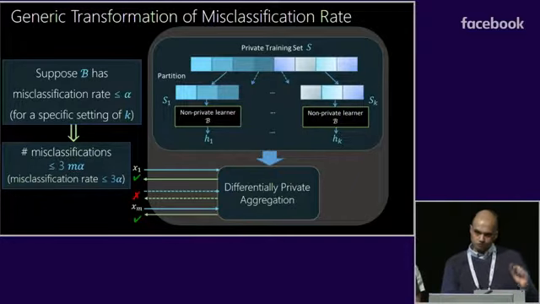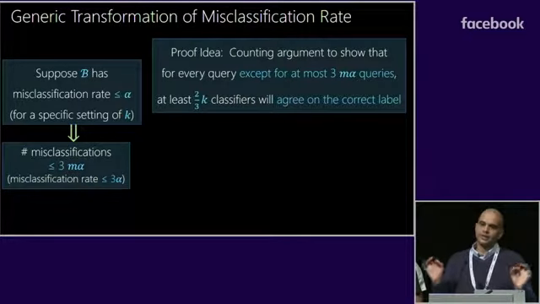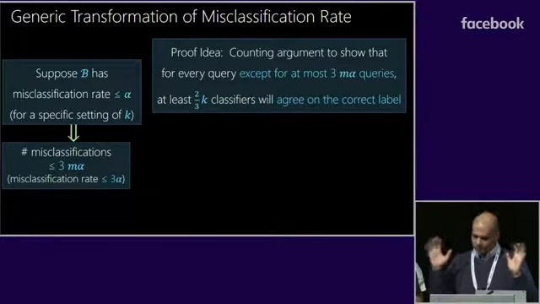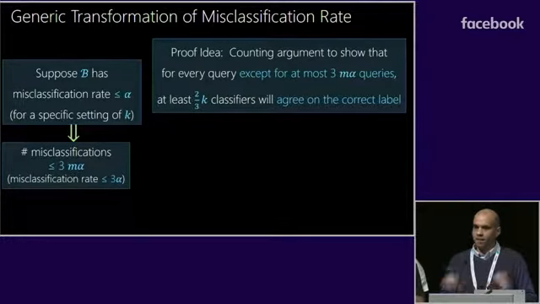To prove this result, we use a simple counting argument to show that for every query, except for at most 3 m alpha queries, a significant majority of the classifiers will agree, and will agree on the correct label. So we have stability and we have correctness.